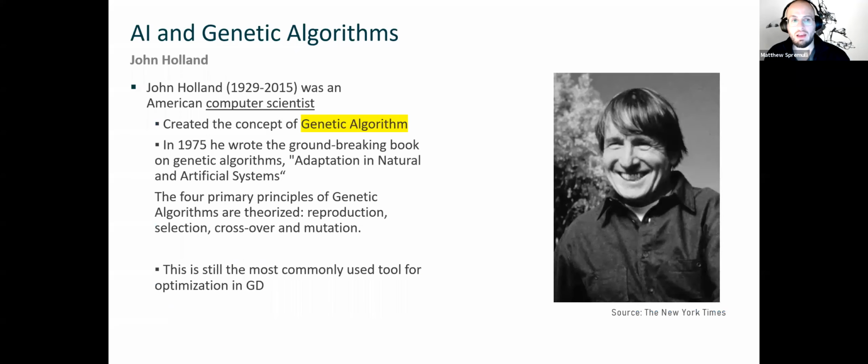And finally, we have John Holland, who only recently passed away, an American computer scientist who invented the idea of the genetic algorithm. He proposed that the genetic algorithm would be comprised of 4 primary principles: reproduction, selection, crossover, and mutation.